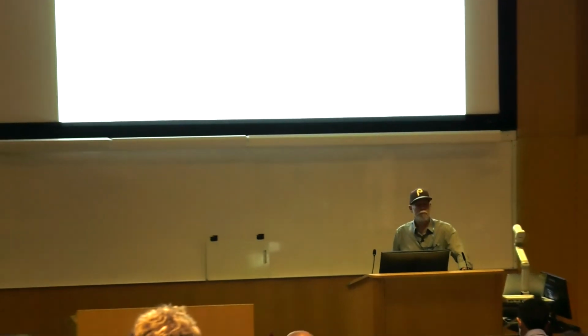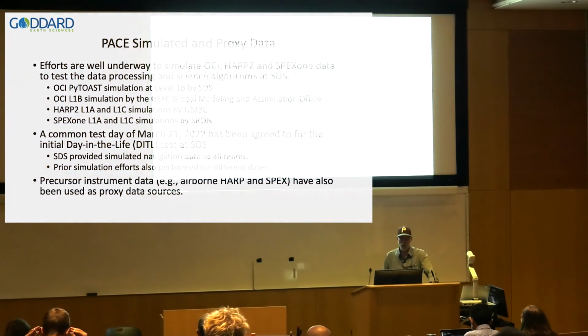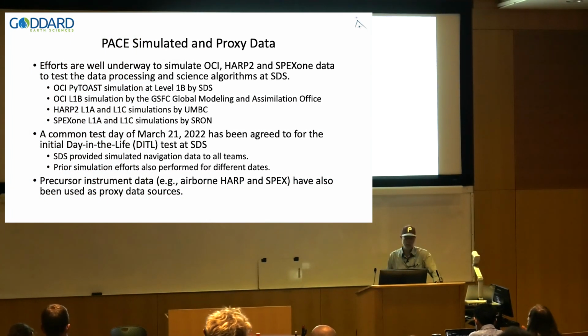Okay. All right. We've been generating simulated PACE data, and we've been using proxy data to test out the algorithms. People are interested in this, so we are well underway now in simulating data for all 3 instruments, at various levels of fidelity. Simulating data realistically is a really hard thing to do.